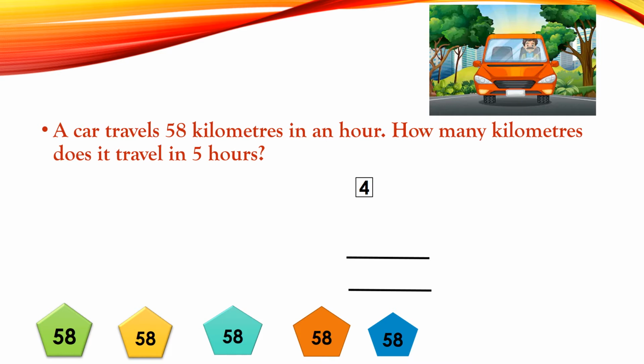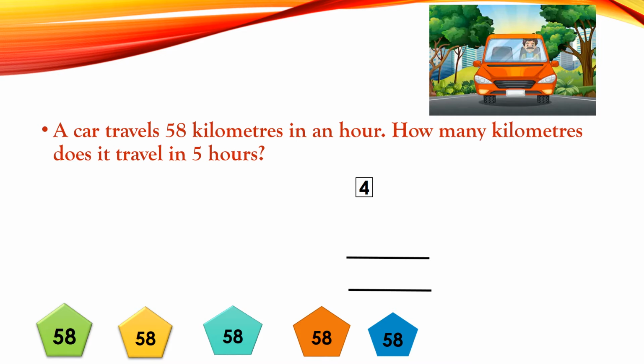So the distance travelled in 1 hour is 58. Since there are 5 hours, each hour would have travelled 58 kilometers. If you look at the picture, it clearly states that it's a repeated addition and hence we can easily solve it by multiplication.